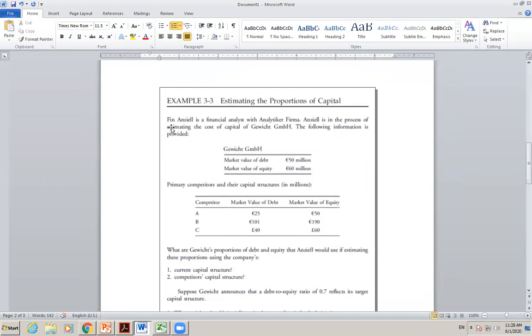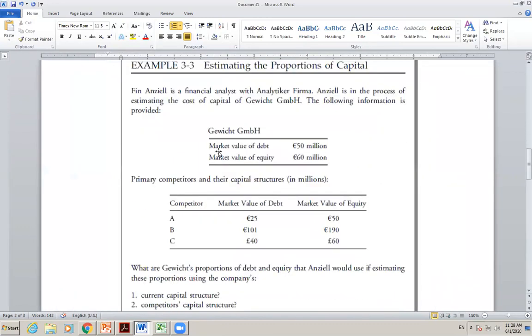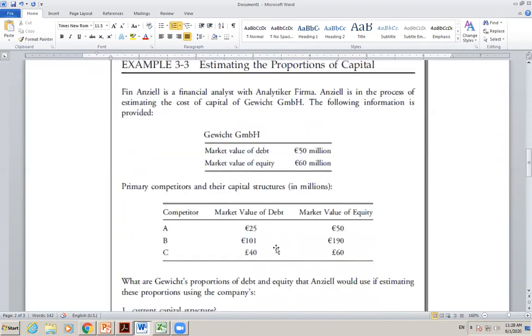So we're given, let me make it bigger, a financial analysis with a firm. The analyst is estimating the cost of capital, and the following information is provided. We're given the market value of the debt, which is 50 million, the market value of equity, which is 60 million.